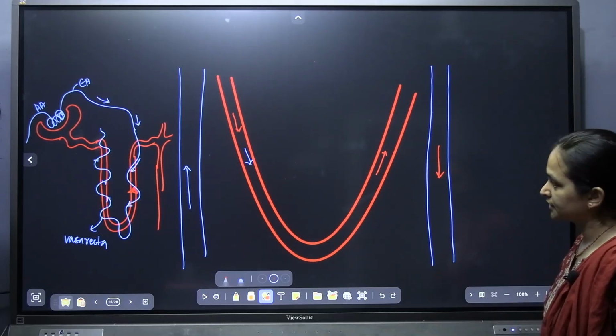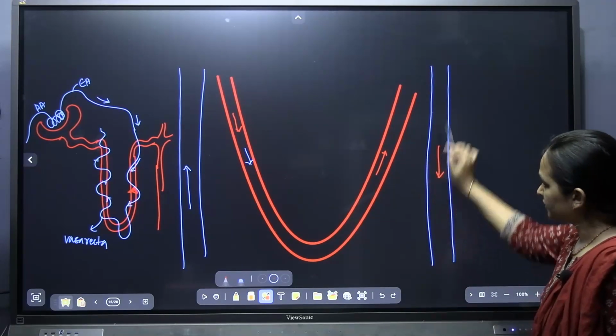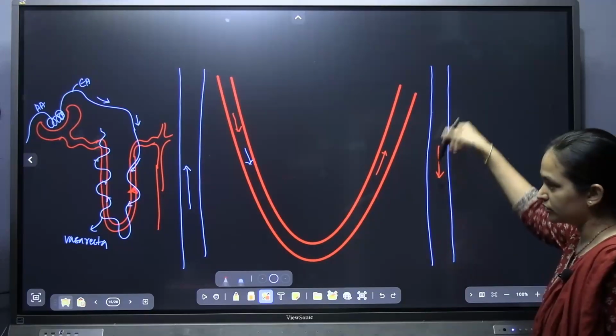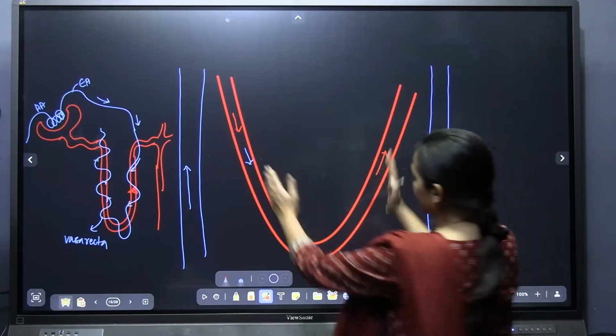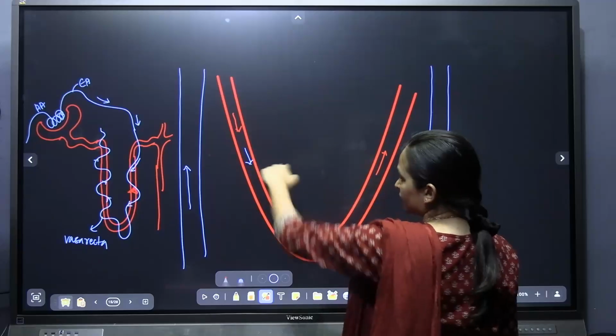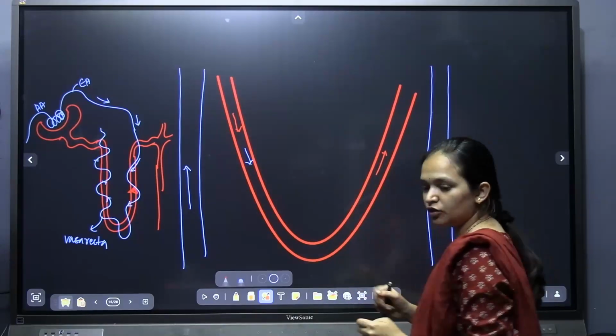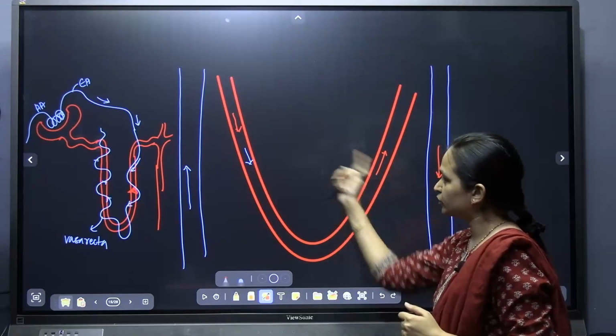Can you call it this also? When it comes to the ascending loop of Henle and the descending vasa recta, this is also counter current. Also, the descending loop of Henle and ascending loop of Henle, one is going down, another one is going up. Can you call it counter current with respect to these two?